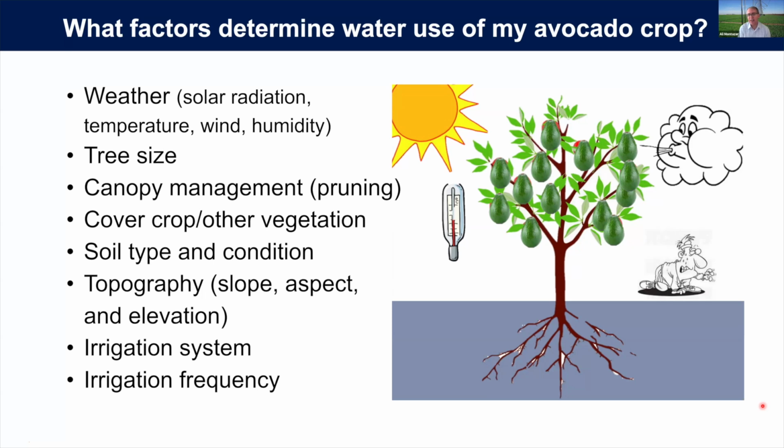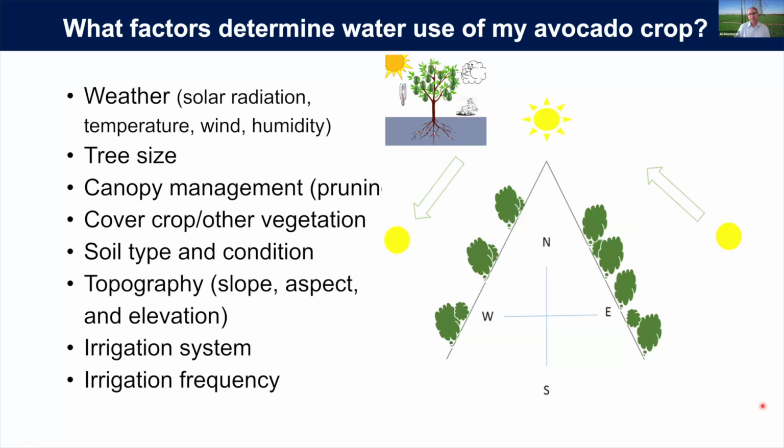If your soil is salt affected or has a high concentration of chloride, if you have sandy soil or silty clay or clay soil, the evapotranspiration will be different. But one of the major factors is topography. The slope, the aspect, and elevation may have a significant impact on the crop water use of your avocado orchard.